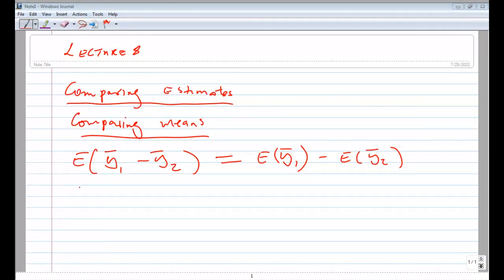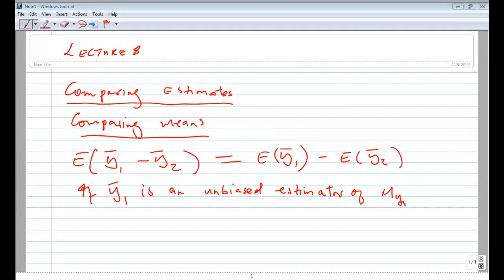Now, if y bar 1 is an unbiased estimator of mu y1, then what? Then the expected value of y bar 1 is equal to mu y1.